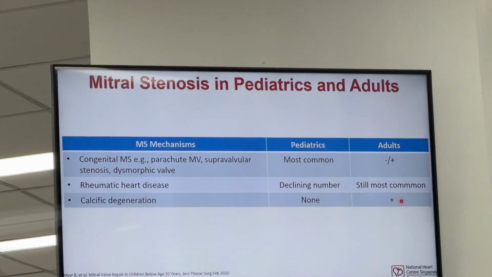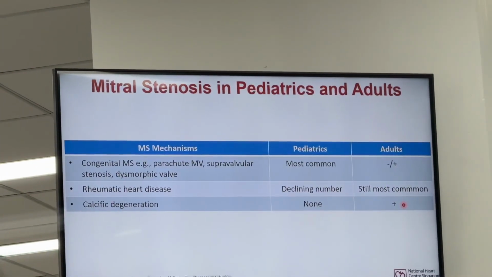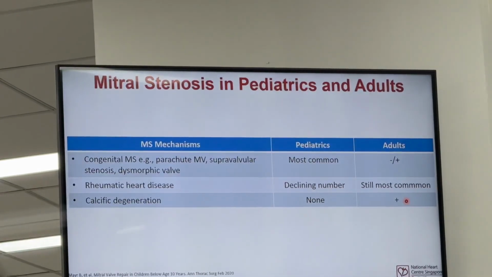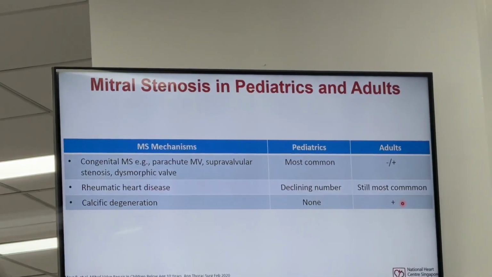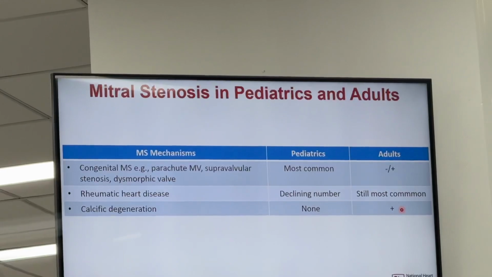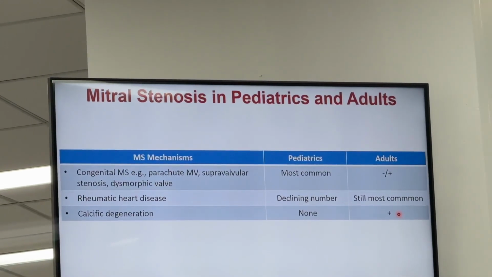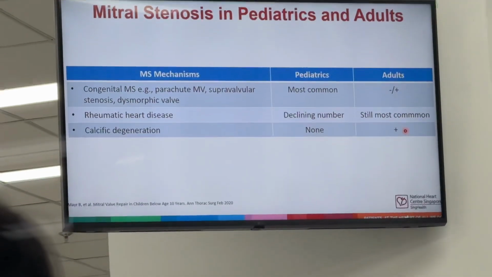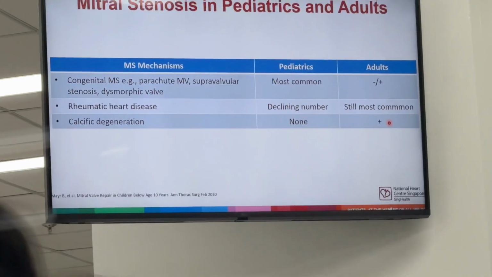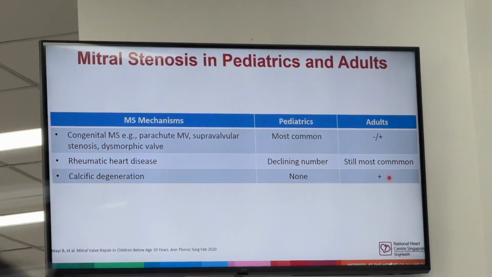In adults, again, less common. Rheumatic heart disease is a declining number, even in the pediatric populations, and in adults, this is still one of the most common causes of mitral stenosis, although the number is not a lot. Calcific degeneration, this is just for adults.